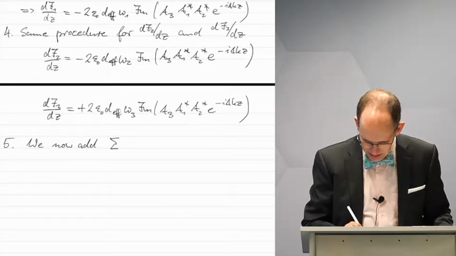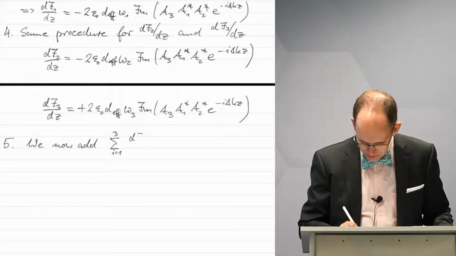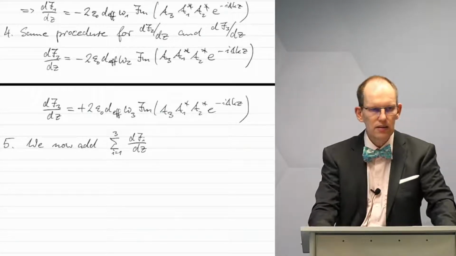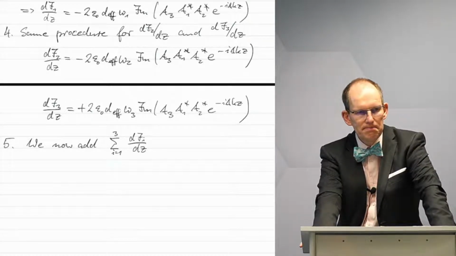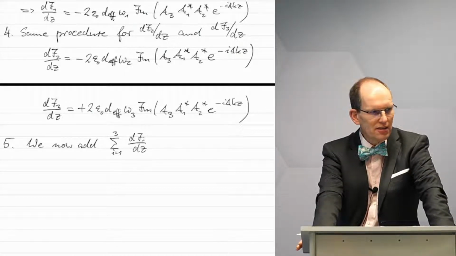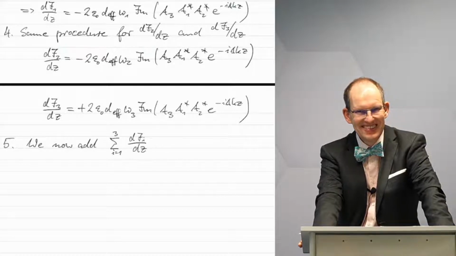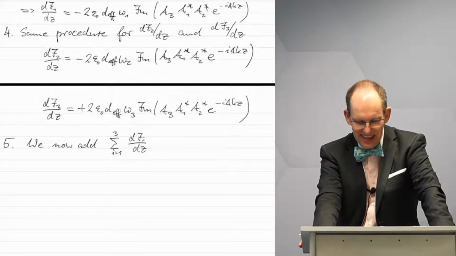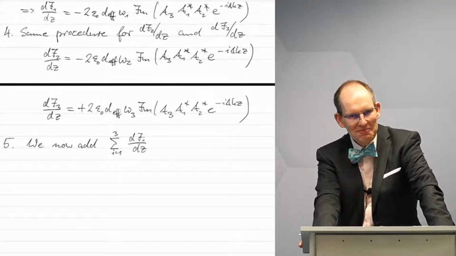Yeah, so I take the sum from all these things here. What do you expect as a physicist? Yeah? Should be 0. Should be 0. Yeah, should be 0. Why?